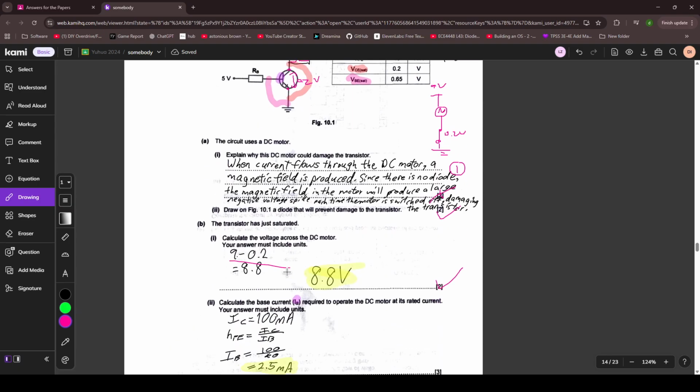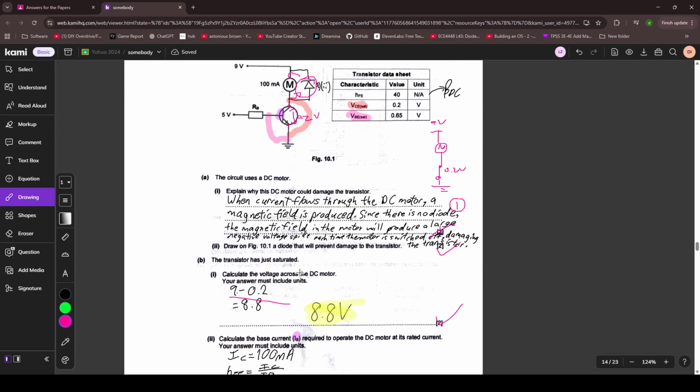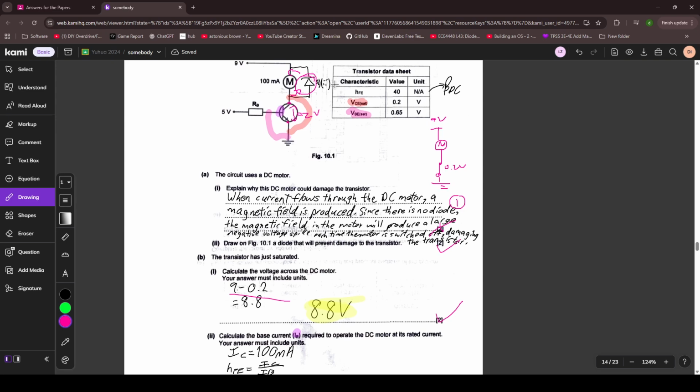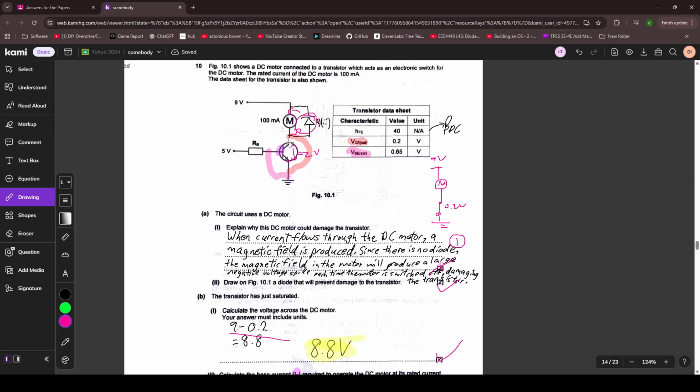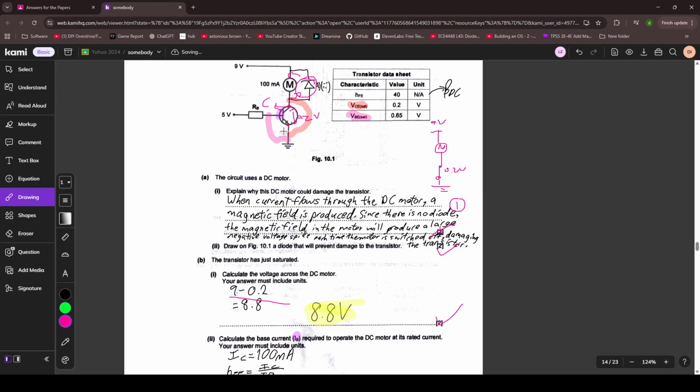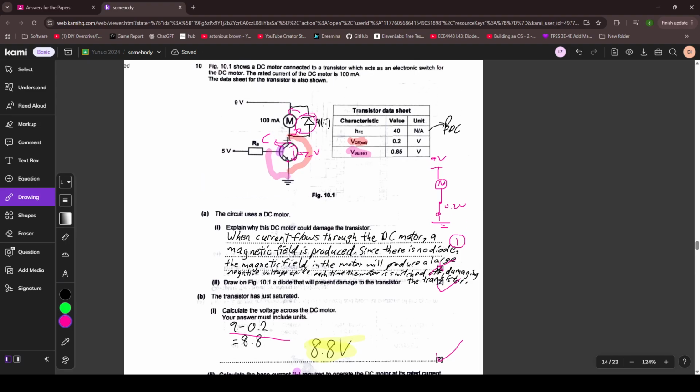For the DC motor to operate at its rated current, the current going through the motor has to be 100 milliamps. And we know that current in a series circuit is equal. This part here is the collector. So if the current at the collector is 100 milliamps, the current going through the motor is 100 milliamps.